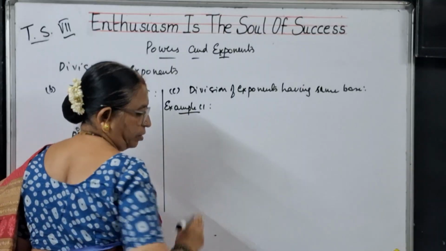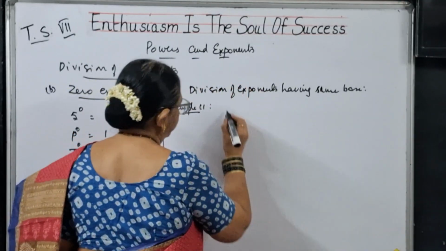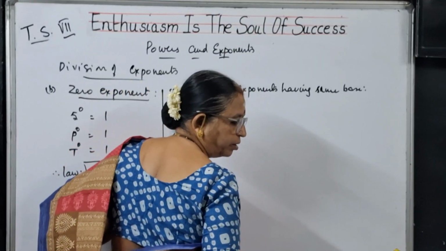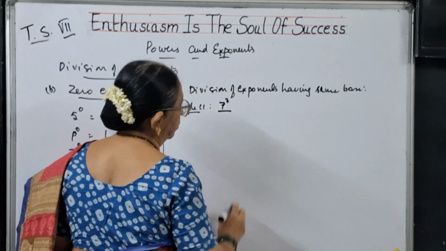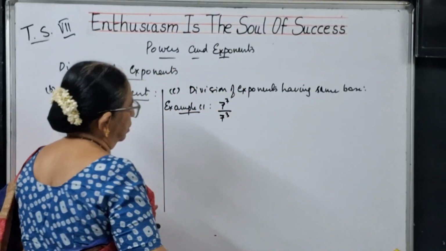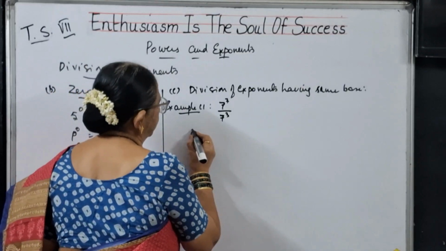Example 11 is 7 to the power of 7 by 7 to the power of 3. Now you have got a problem, 7 to the power of 7 by 7 to the power of 3.